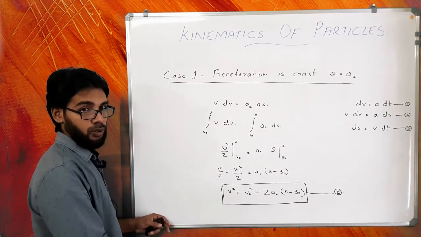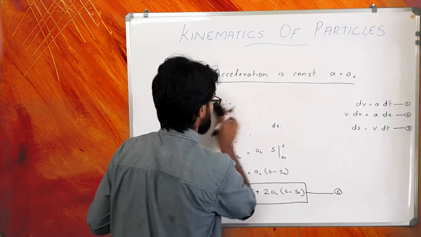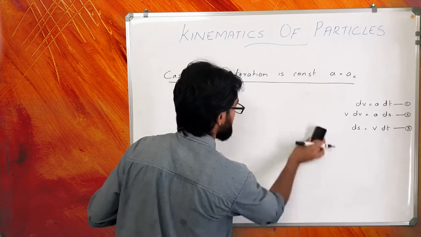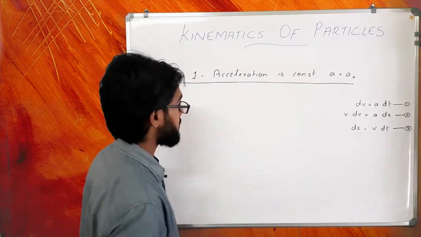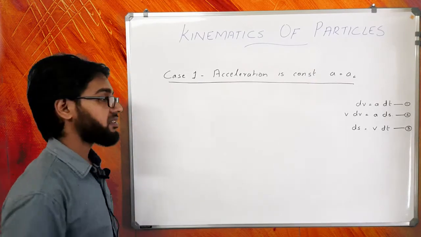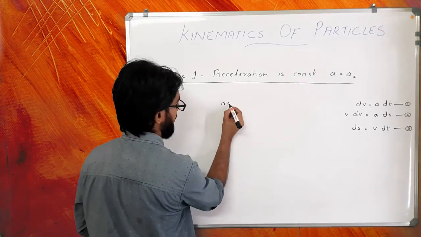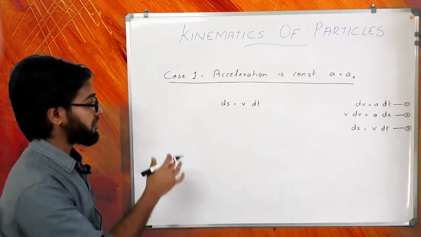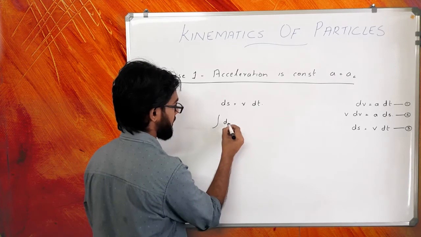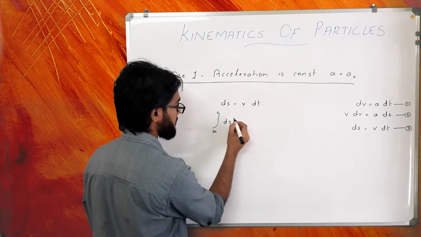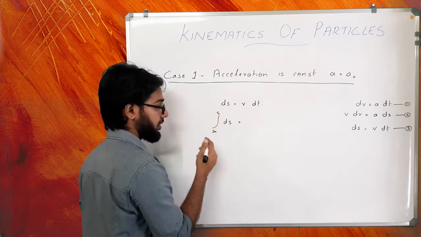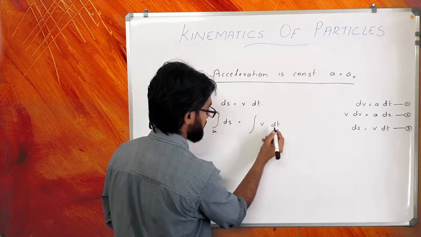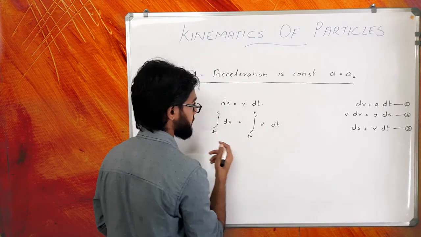I hope you must have noted down. Now, I shall go on to the third equation, ds equals v into dt. Now, I am integrating it here again, ds from s0 to s and v dt from t0 to t.